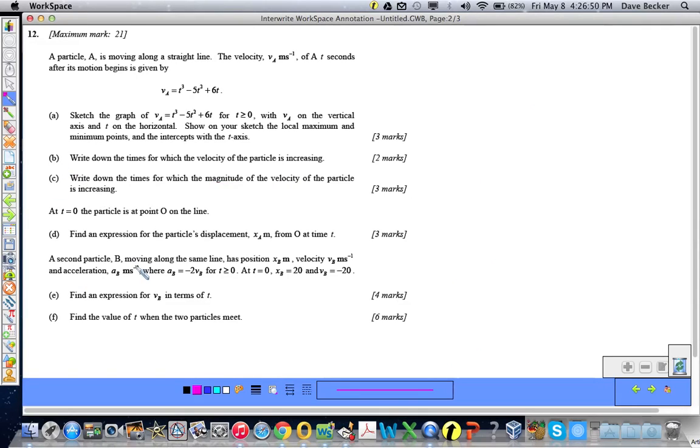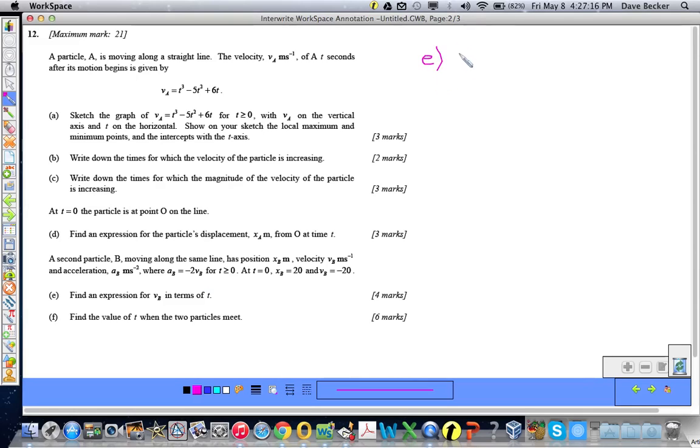A second particle B moving along the same line has position x sub b meters and velocity v sub b meters per second and acceleration a sub b meters per second squared, where a b equals negative 2 v b for t greater than or equal to 0, and then they give us some parameters that we'll use in a second. All right, so what do we know?